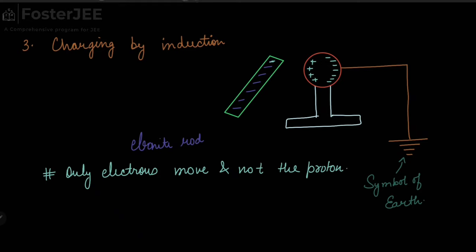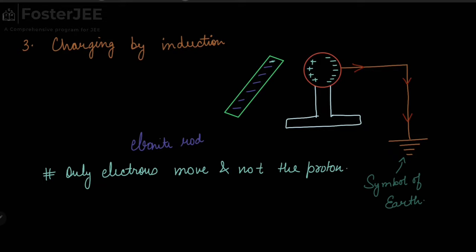What happens when we connect some charged body to earth? It happens that the excess of negative charge will always flow towards the earth. Now, why does it happen? We will learn in upcoming chapters.